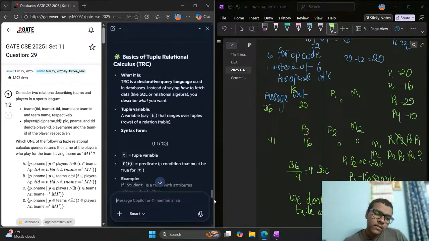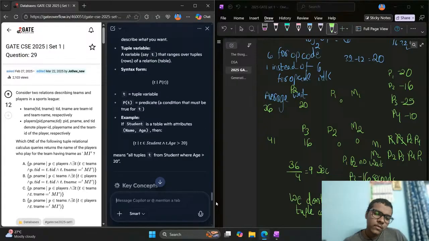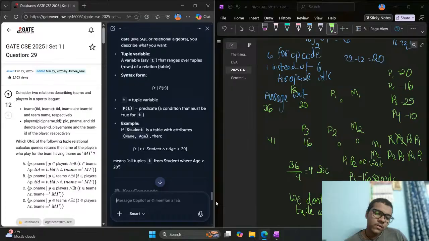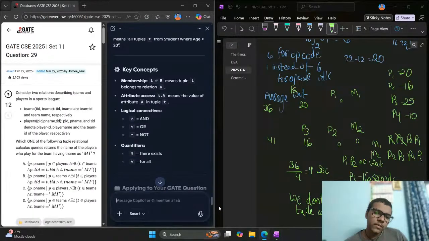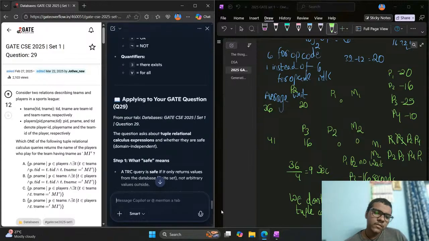Predicate. Example: student is a table with attributes name and age. They belong to student, and membership. Attribute access. Connectors and quantifiers.